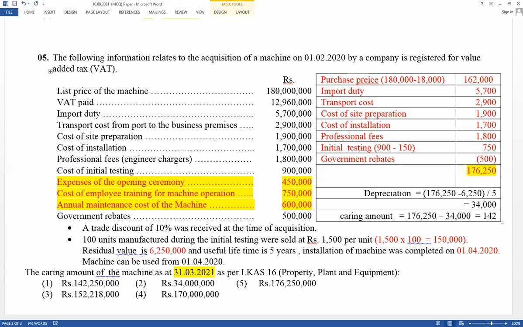Answer equals 142,250. Therefore, this is the answer. Think how to calculate cost value. Think how to calculate annual depreciation. Then think how to calculate carrying amount. This is a requirement. Carrying amount they ask at the end of the year. Asset purchased at the beginning of the year. Therefore, the answer is 142,250. Answer first one. Very, very important, this example.